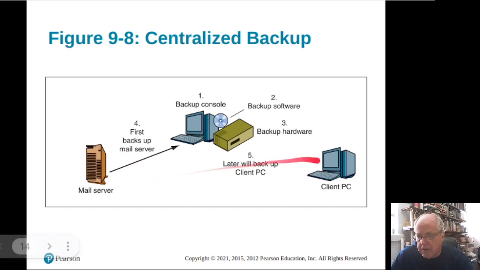So you have your client with some backup console to the backup software running on some hardware. That's all it does, just store lots and lots of files. It could, as part of its backup, back up all the archives of mail from the mail server.